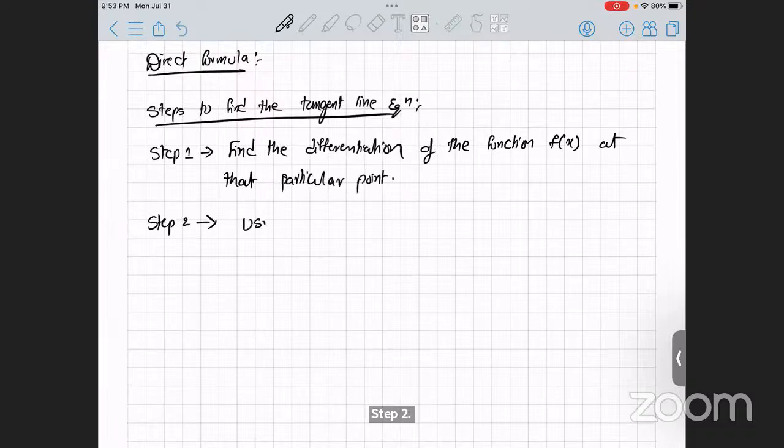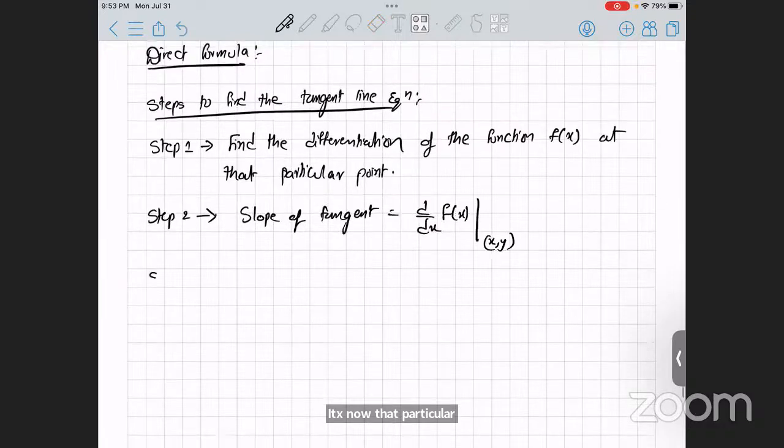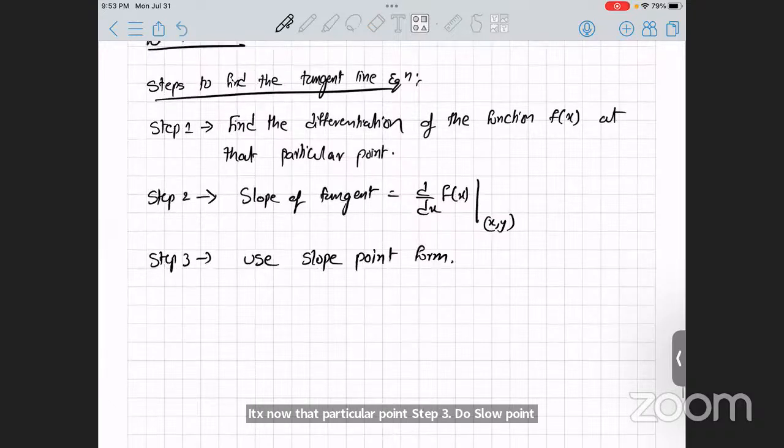Using the slope: slope of the tangent is equal to d by dx of the function f of x at x, that particular point. Step 3. Use slope point form. Final step.